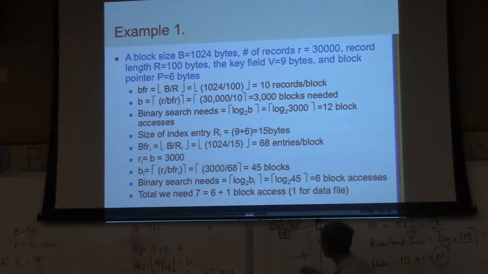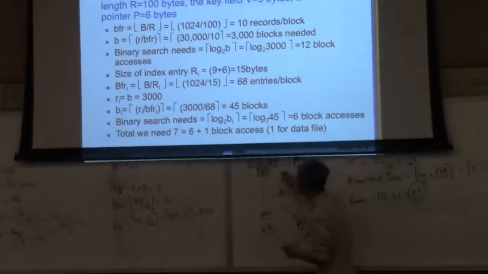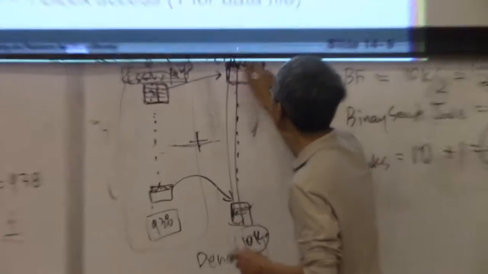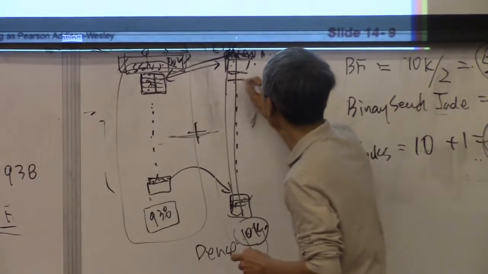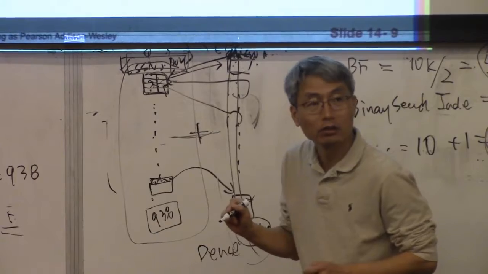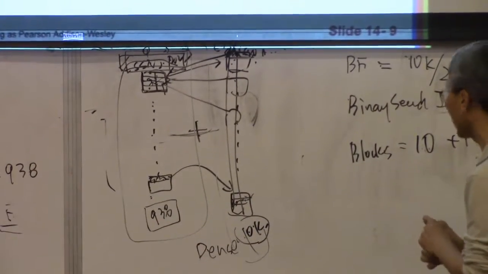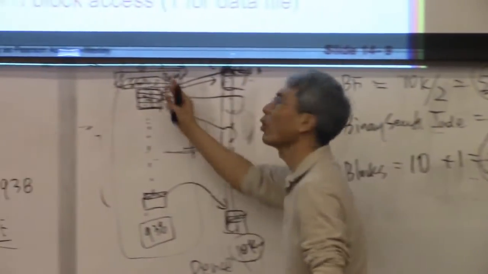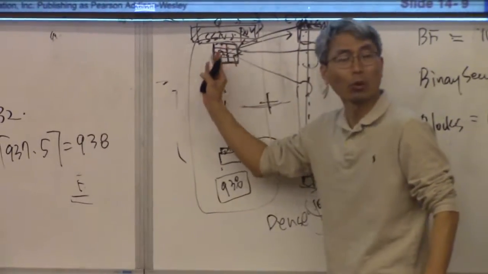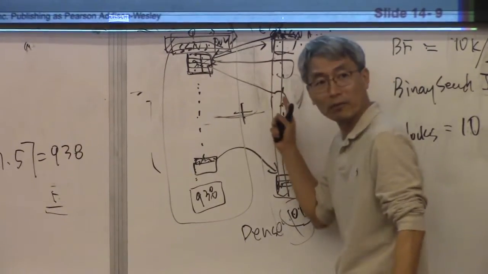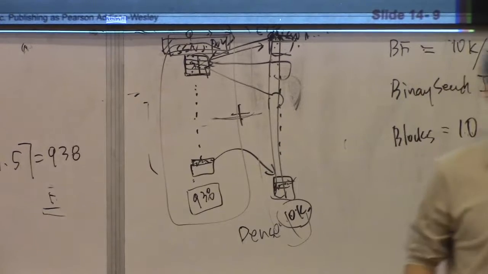For the index, we don't have to keep all the index key items; instead, one per block. One per block. So how many index key entries do we need? The number of blocks, which is much smaller, because it's already ordered. We don't have to index all the data items, only one for each data block.